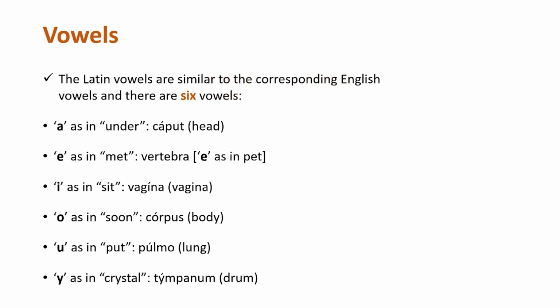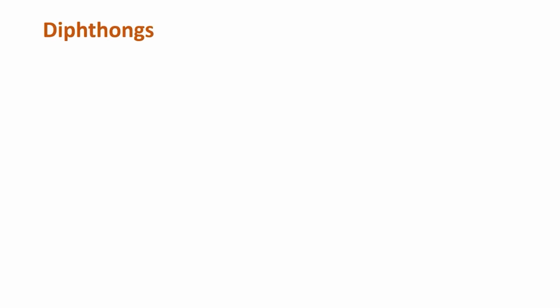Latin is an inflected language, which means that word endings change to indicate grammatical relationship, and vowels often mark these endings, which help us convey information about the case, the number, and the gender of the term. This feature is really important for understanding the structure of the Latin language.